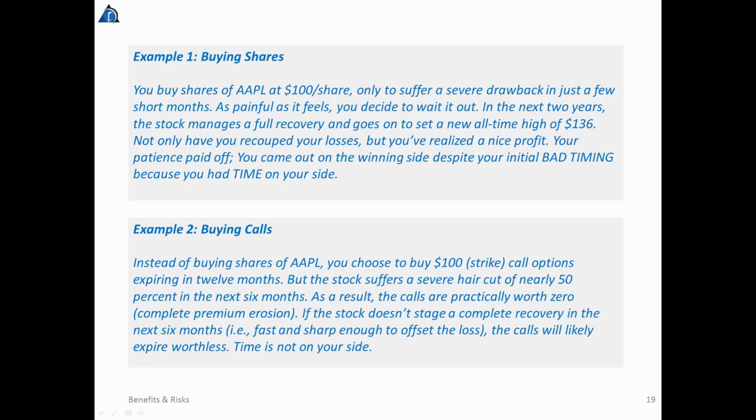Instead of continuing to rise like you had foreseen, the stock suffers a severe haircut of nearly 50% in the next 6 months. During this 6 month period, the calls are practically reduced to rubble, complete premium erosion. There's still 6 months left until expiration, though. Your calls have a strike of $100.